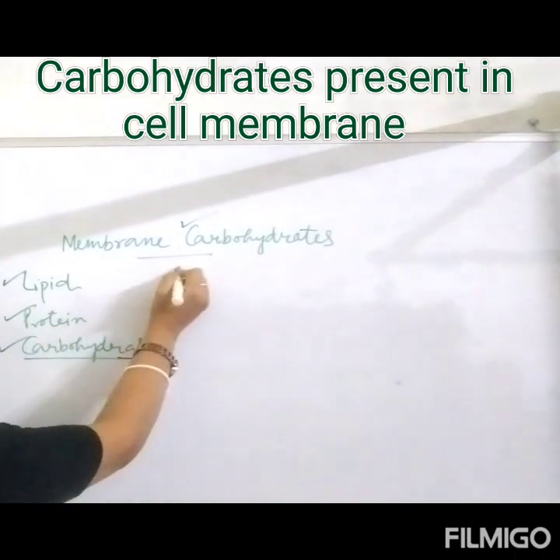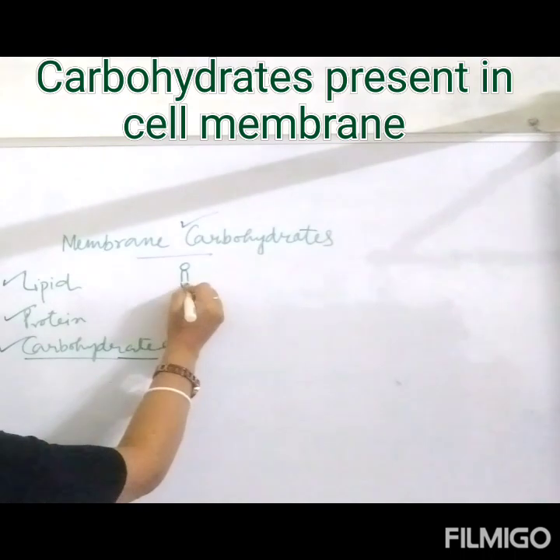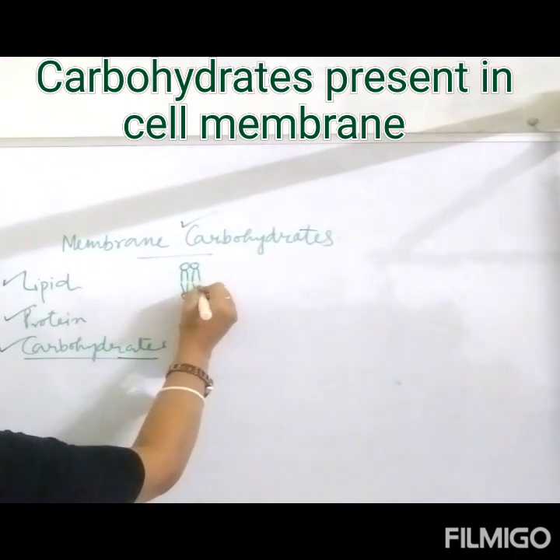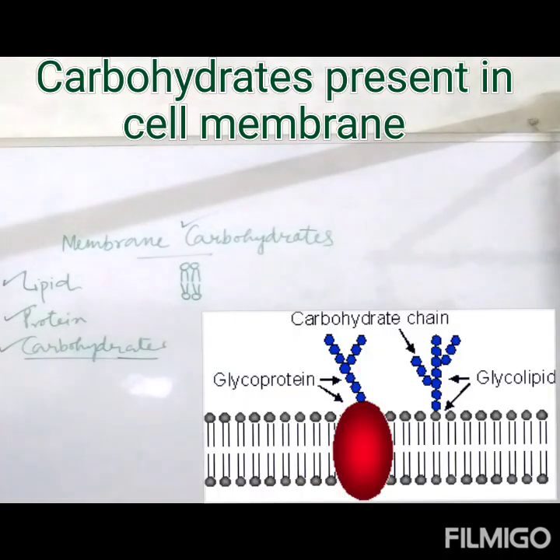The lipids having a hydrophilic head and hydrophobic tails are present in the cell membrane as a bilayer of lipid, as well as the proteins having different types like transmembrane protein and peripheral protein.